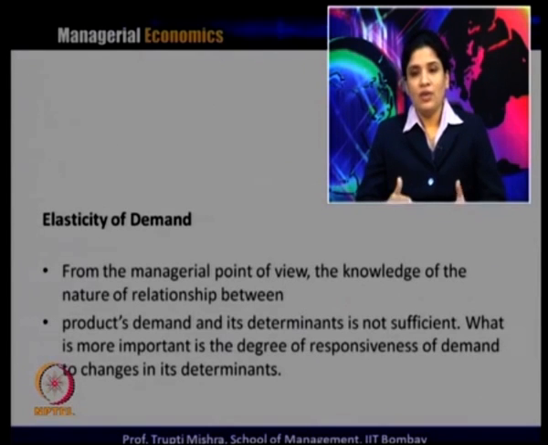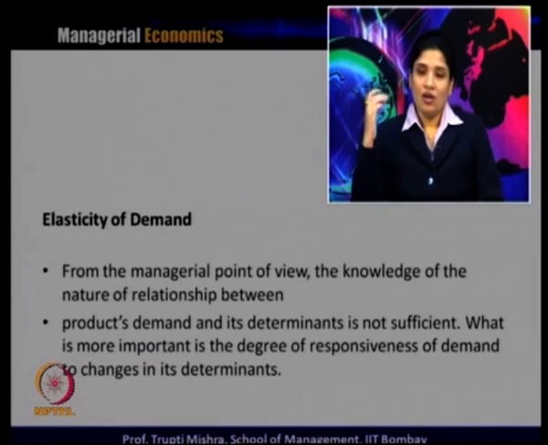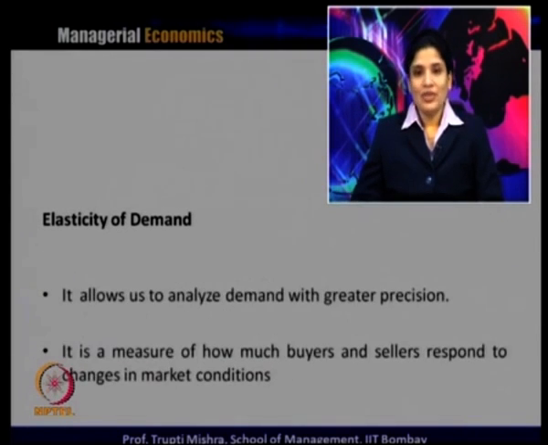What is more important is the degree of responsiveness of demand due to a change in its determinant, whether it is price, income, or the price of other products. When there is a change in all these factors, what is the degree of responsiveness of the quantity demanded? That we will check today through the price elasticity of demand, income elasticity of demand, and cross price elasticity of demand.